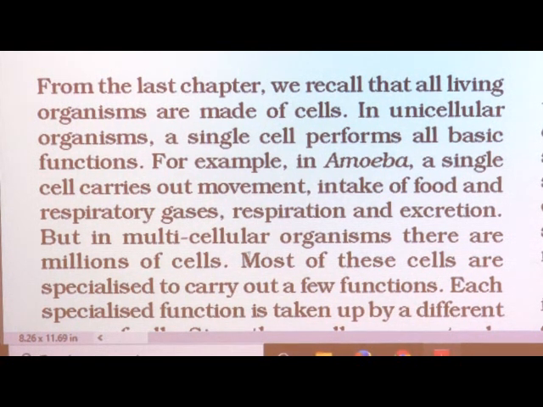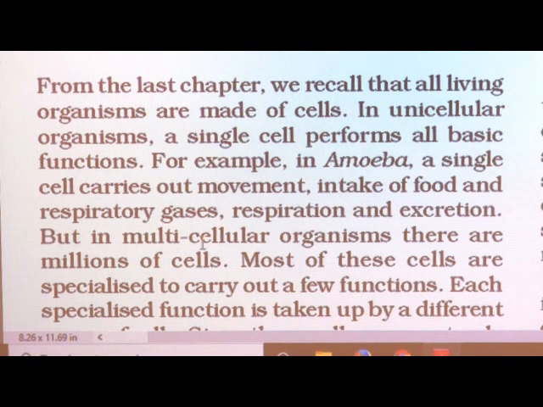But in multicellular organisms there are millions of cells. Here, as you know, in the word multicellular, multi means many. That means these living organisms are made of many cells. There are millions of cells, and most of these cells are specialized to carry out a few functions.